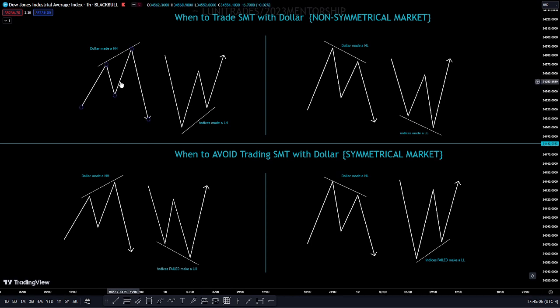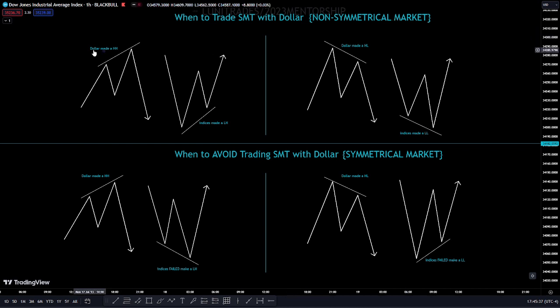One is taking liquidity and the other is not. That's basically when you want to trade S.M.T with your dollar. But if both of them are taking liquidity, you want to avoid trading S.M.T with dollar in such a market.